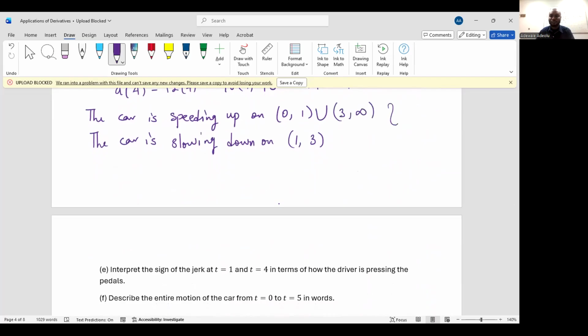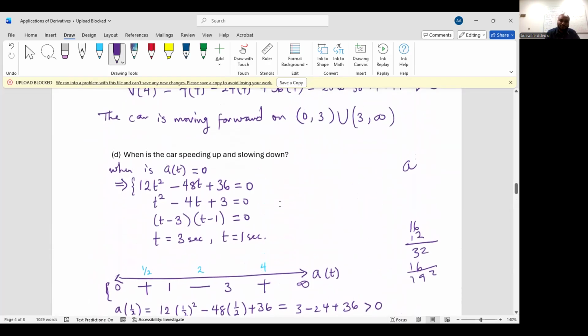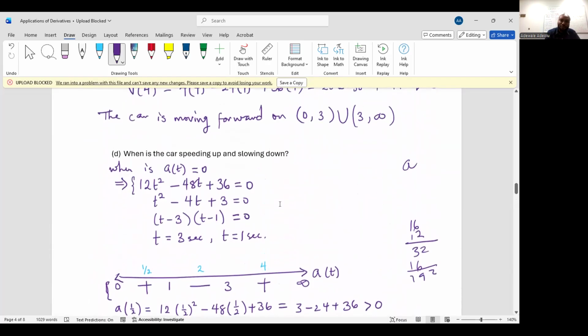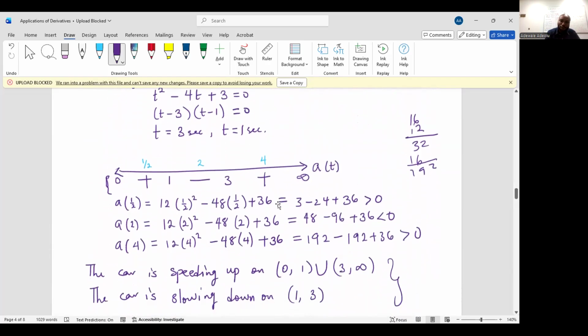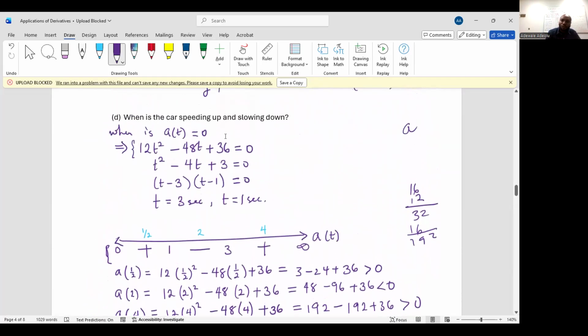So done. We have answered the question of when the car is speeding up and slowing down. We didn't do much here. We only ask, let us first look for when the car is cruising. That is when acceleration is 0. So we established that it is at 1 and 3.